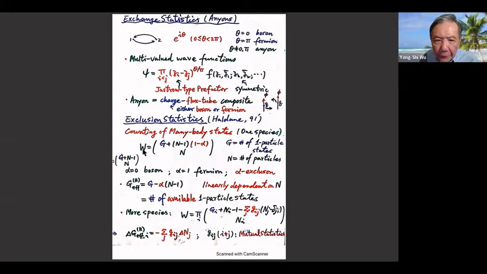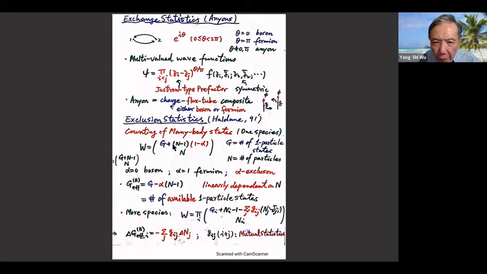Using the statistical weight is my way. Originally, this was proposed by Haldane in 1991. His way is a bit different. Later, I will explain it, okay? Namely, we may consider boson, then we take alpha equal to 0.